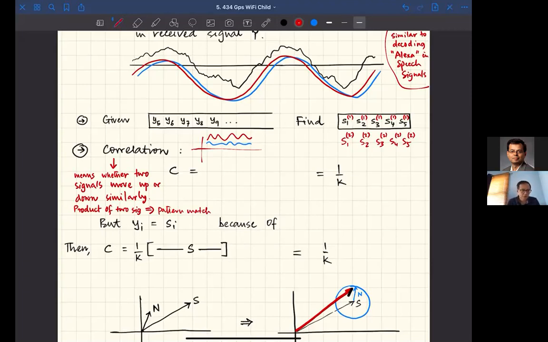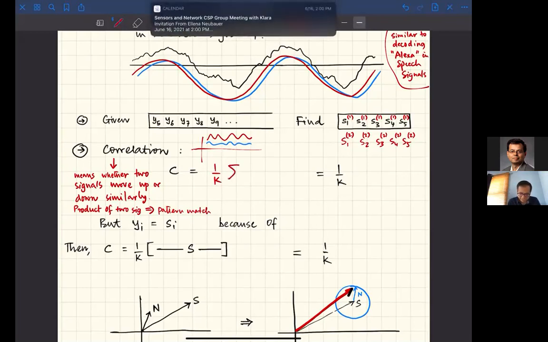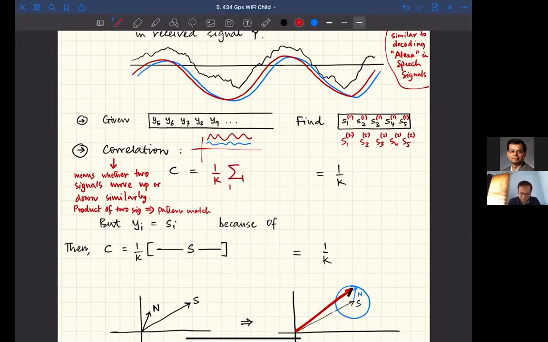Right? So correlation can be written as, let's say this is a K size signal that we are looking for. In this case, K equals 5. So it's the sum over I equals 1 to K of SI YI.